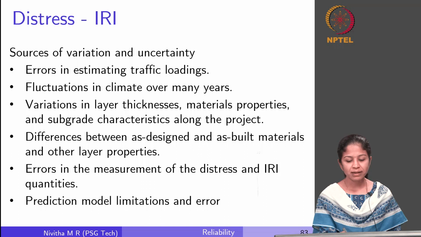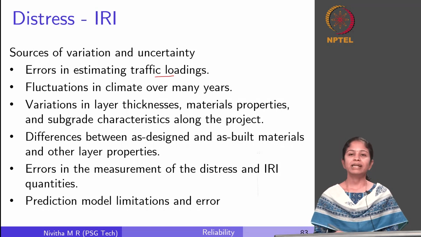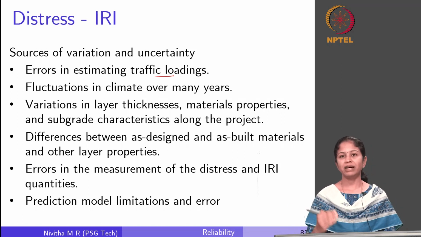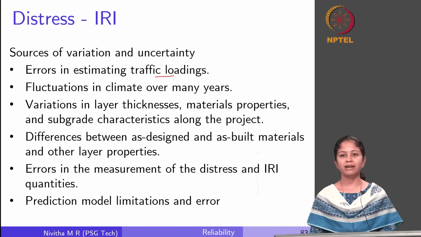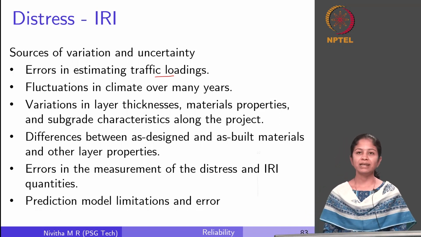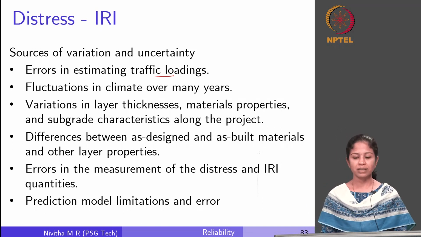So one parameter is the traffic loading. We have seen in the previous lecture that the traffic loadings can vary over a range. We had seen that even for a given highway at different locations, if we measure, the AADT was varying. So there are errors associated in estimating traffic loading. Again I said, when we are using a sampling based approach, this has to be taken into consideration.